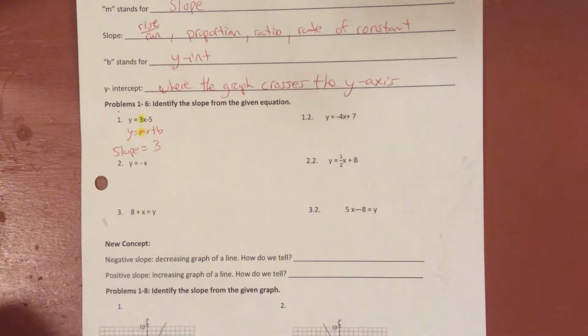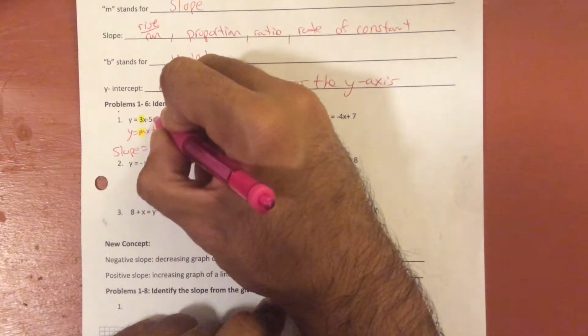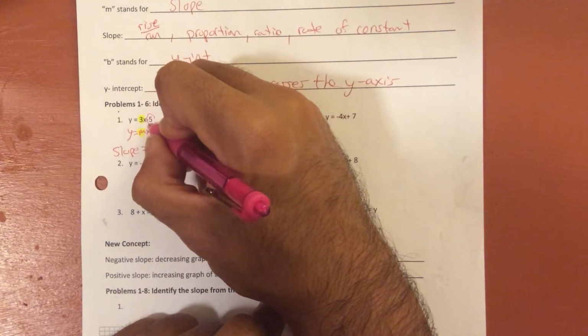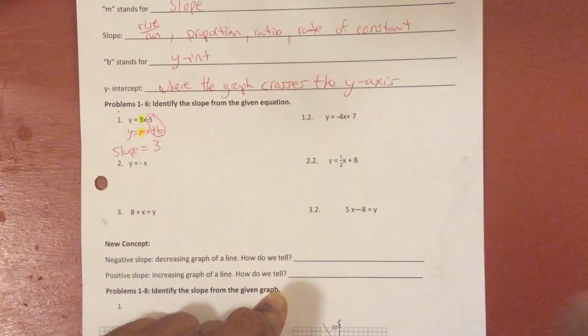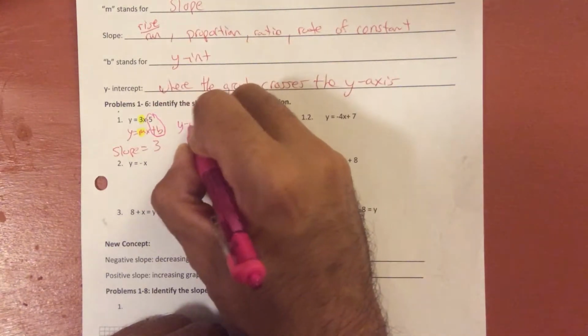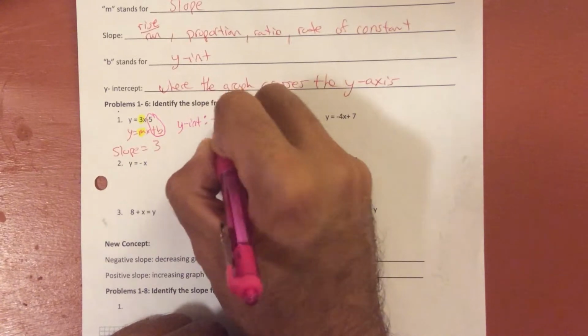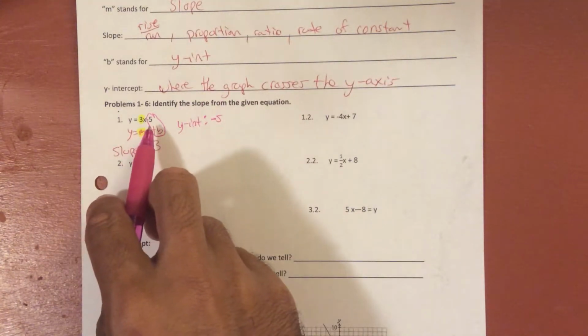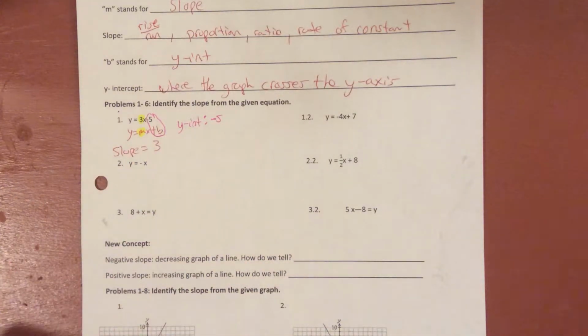Now you already know that the y-intercept is the number without the letter, so the letter b for our form. And in this case, the y-intercept is negative 5. Okay? Remember, if there's a sign in front of the number, it belongs to that number.